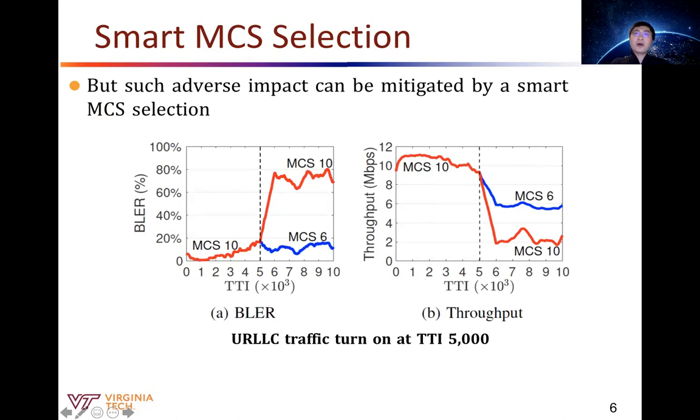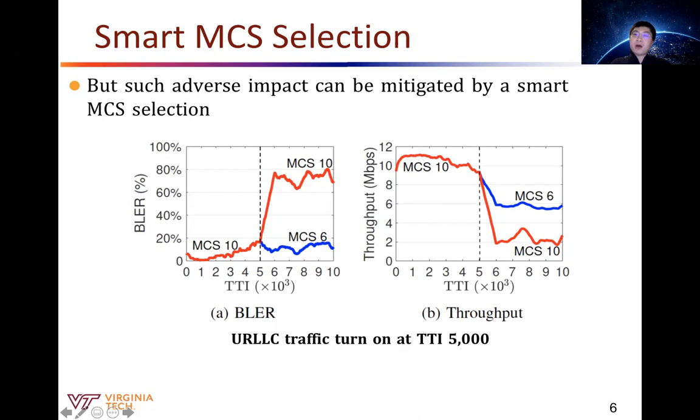We turned on the URLLC data traffic and preemptive puncturing at TTI 5000. Obviously, both the BLER and throughput performance for the eMBB link got severely impacted if MCS level 10 is still being used after TTI 5000. But if we switch to a lower MCS level, say MCS 6 for this eMBB link, such adverse impact is largely mitigated.